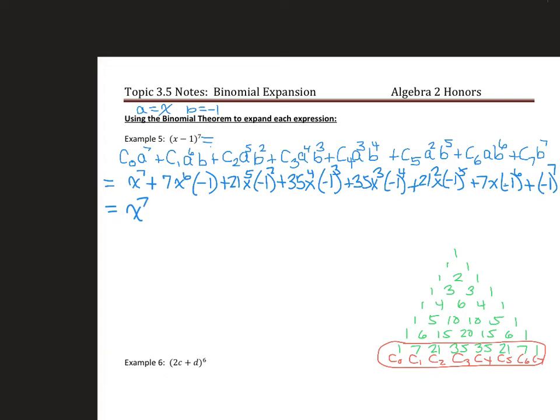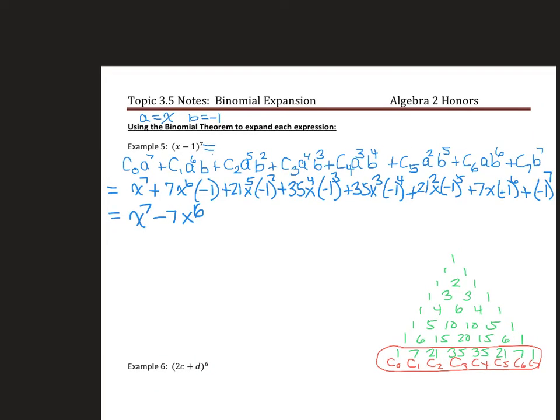So we've got here a negative 1 multiplying by a positive 7. So that's just going to turn that sign into subtraction. And negative 1 squared is positive 1. So this is going to stay addition.